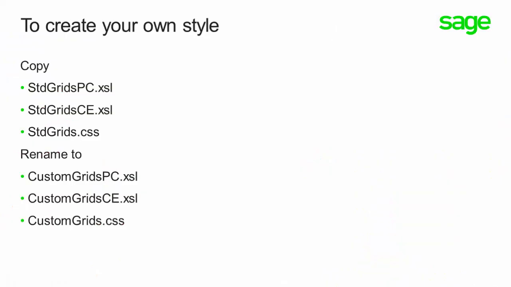The easiest way of creating your own new report style is to copy an existing trio of files and then alter them. So what you can do is take standard grids PC, standard grids CE, standard grids CSS, and then copy and rename them to custom grids PC, custom grids CE, and custom grids as a CSS file.